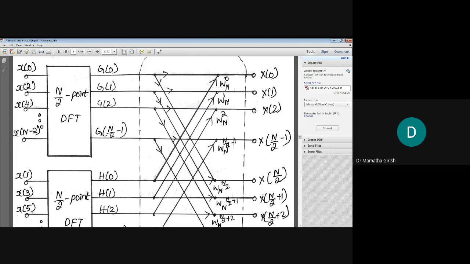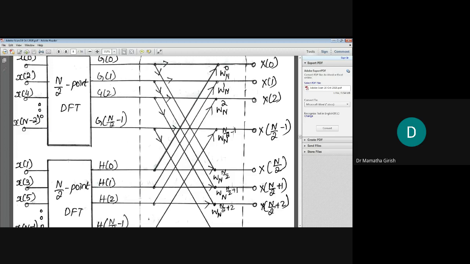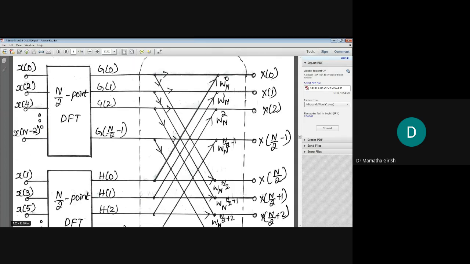I'll repeat once again. The given N point DFT is split up into two N by 2 point DFTs. And these are those two N by 2 point DFTs. For the first N by 2 DFT, what are the inputs? All even index samples.